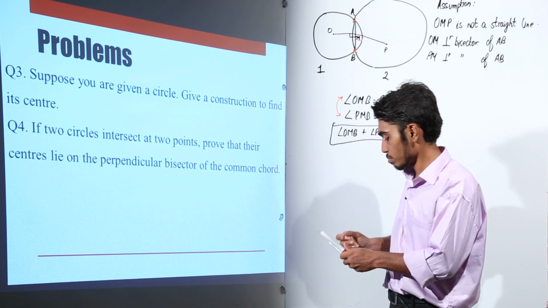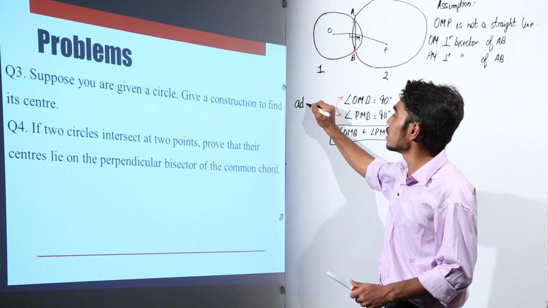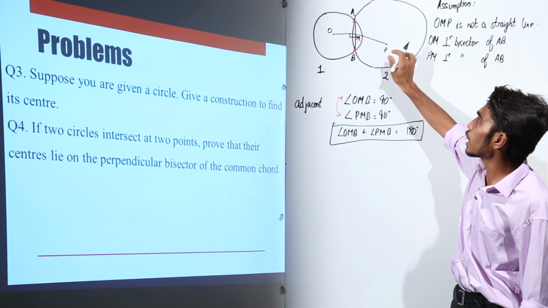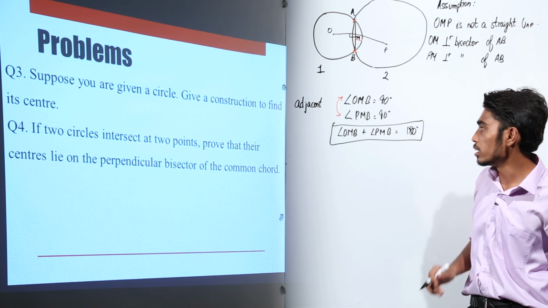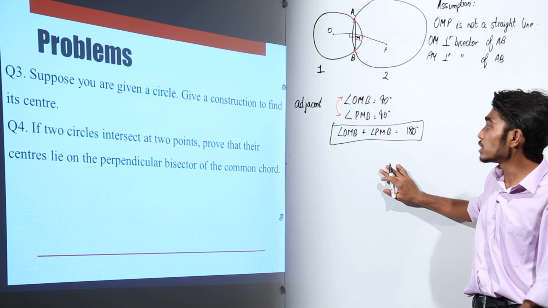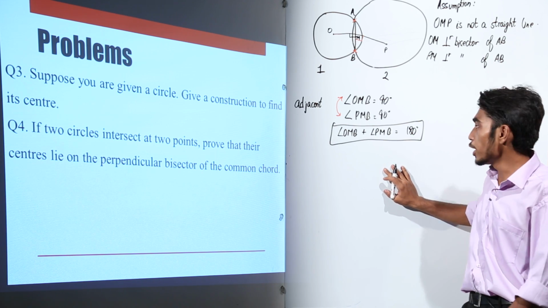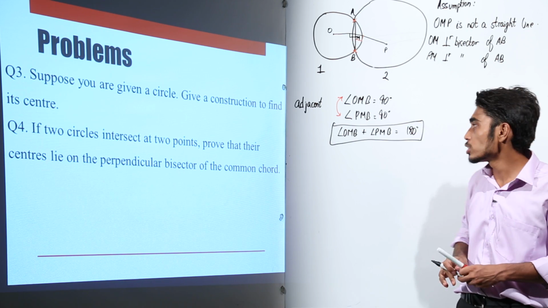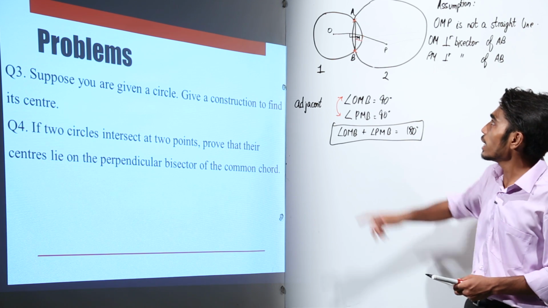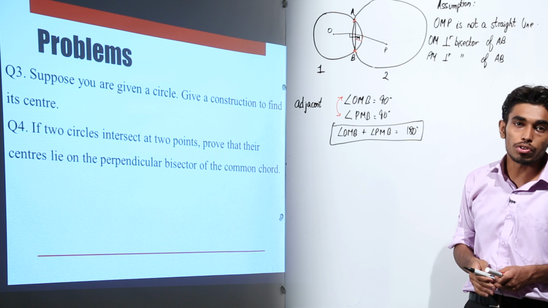Now I can see from the figure that angle OMB and angle PMB are adjacent angles, and the sum of the angles is equal to 180 degrees, right? So I can say from the linear pair axiom, I know from lines and angles that if the sum of two adjacent angles is equal to 180 degrees, then OP should form a straight line.